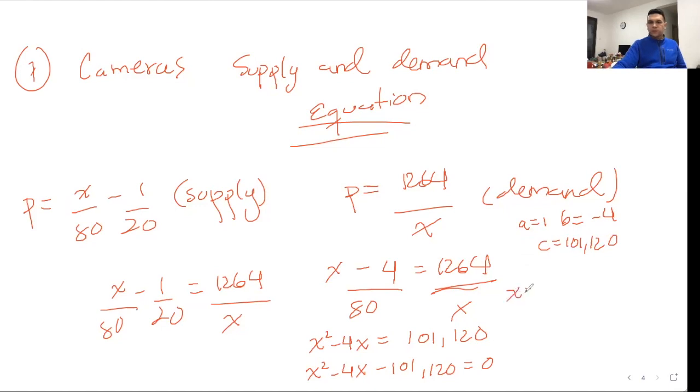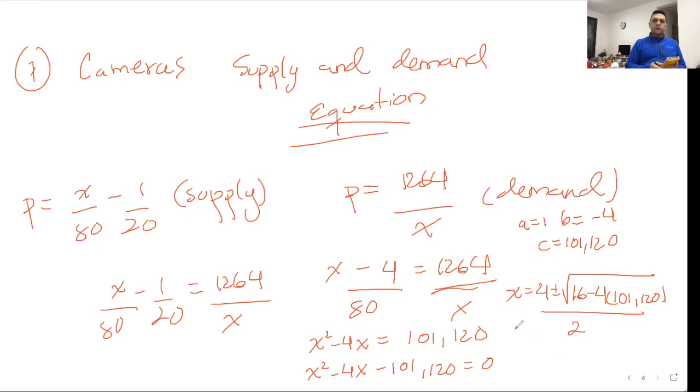So if I plug them in, I get minus b, so that's 4, negative times -4, that's plus 4, plus or minus the square root of b squared, which is 16, minus 4 times a times c, divided by 2 times a, which is 2.